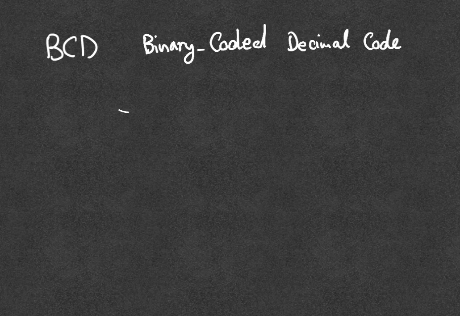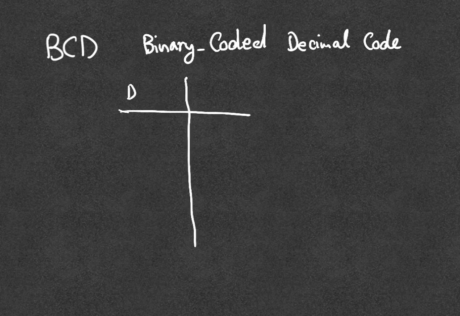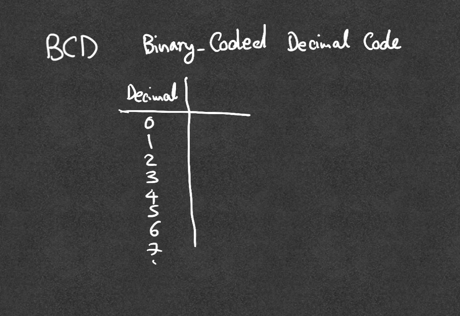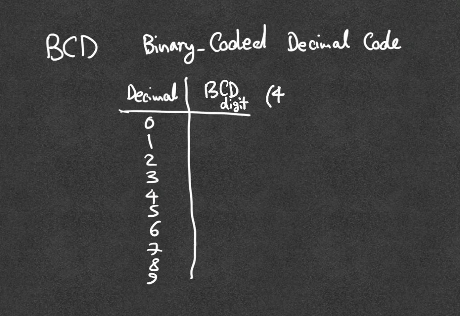In BCD, you have decimal numbers 0 to 9, and then you have your BCD digits. This is a 4-bit code.